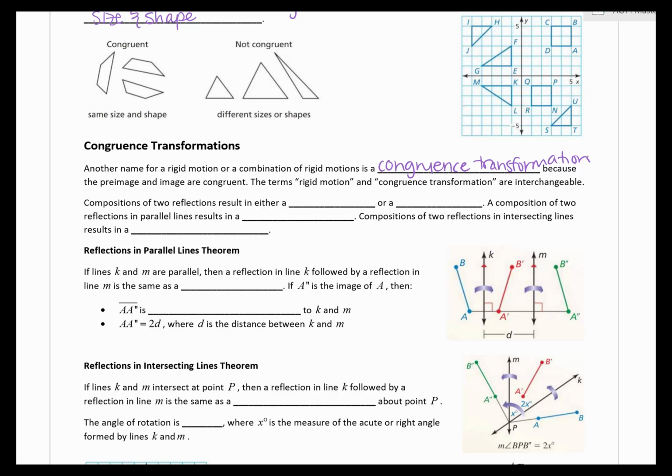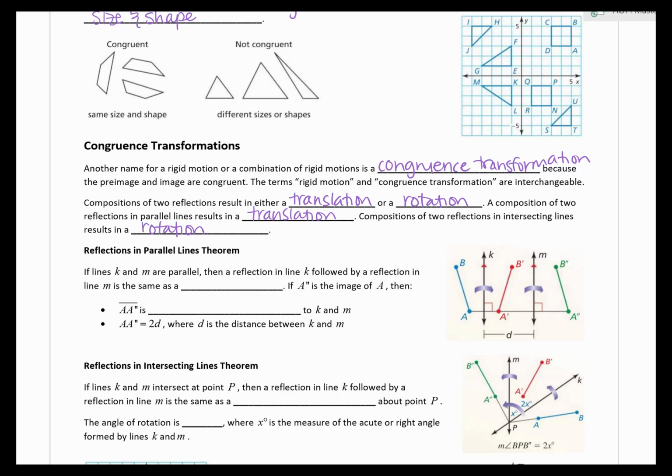Compositions of two reflections will result in either a translation or a rotation. A composition of two reflections in parallel lines will result in a translation, and compositions of two reflections in intersecting lines result in a rotation.